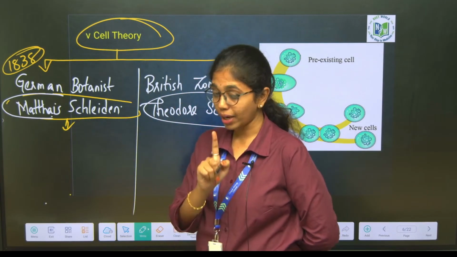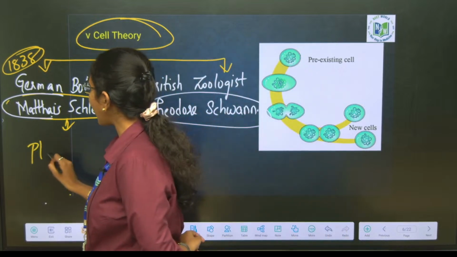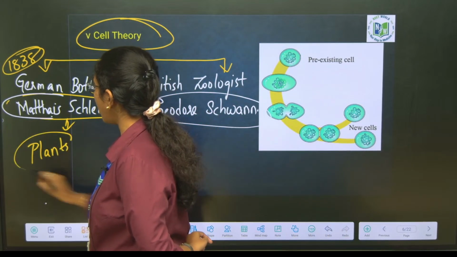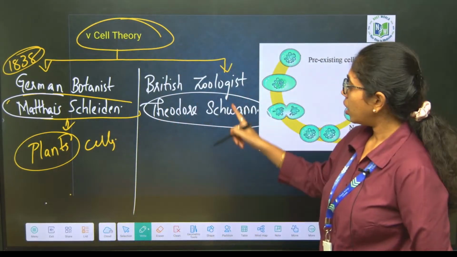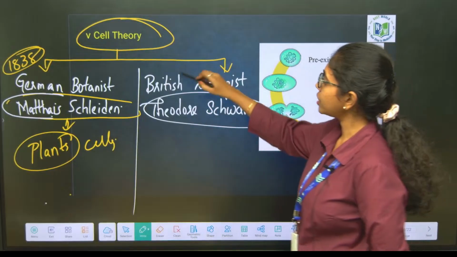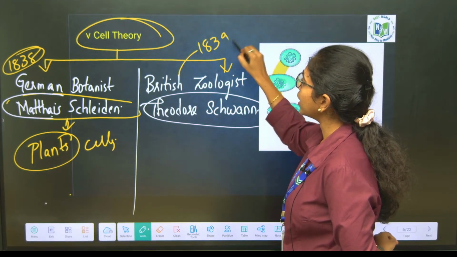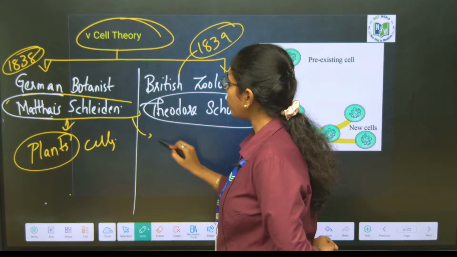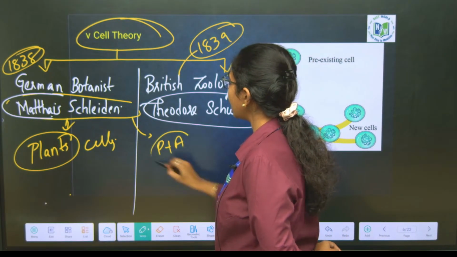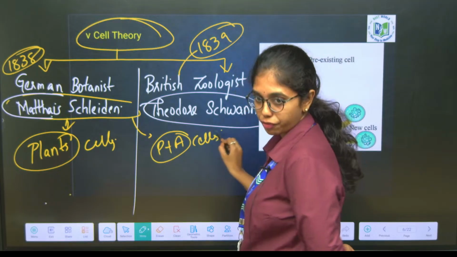Only one point he has said what? All plant bodies are composed of cells. Next is the scientist Theodor Schwann, a British zoologist. In the year 1839, he set out two points. One is all the plant bodies and animal bodies are composed of cells. This is the first point.